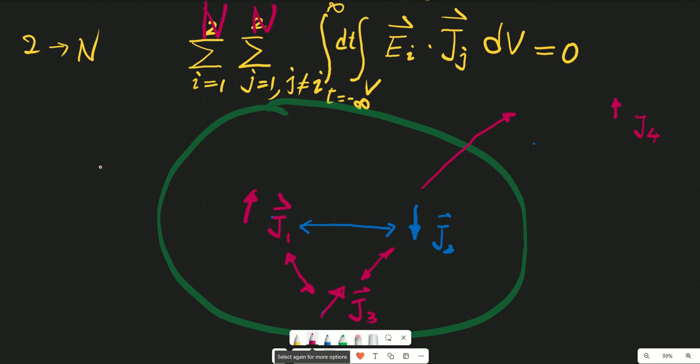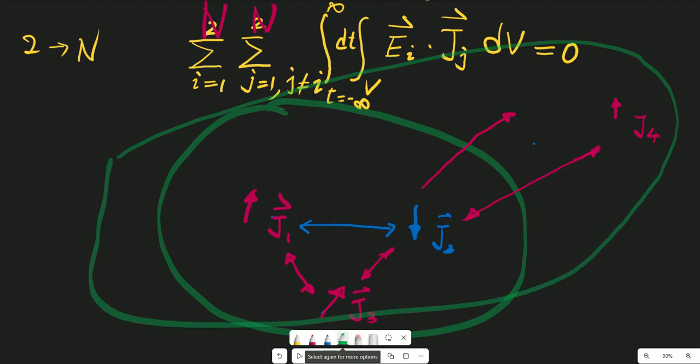Certainly, if here has a J4, they perhaps build a connection with this. However, in this case, we will make a bigger circle, connect all that. So in this case, all the current inside the circle, the energy change is all inside, so nothing go outside.